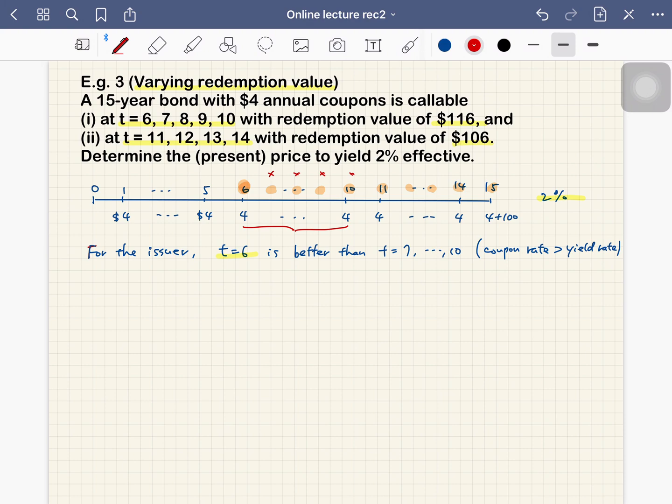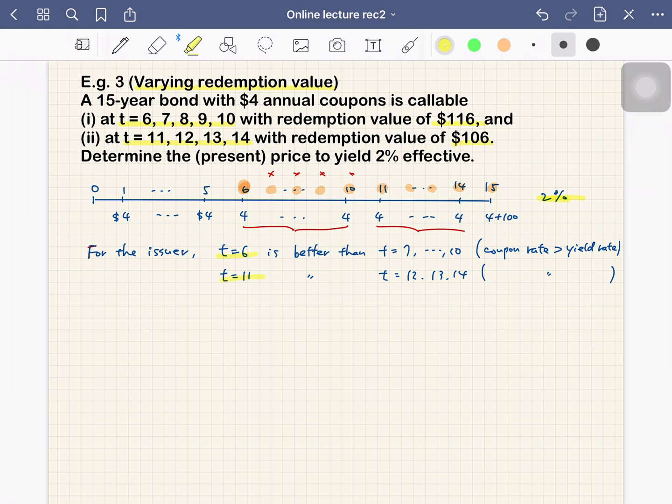And how about 11 to 14? It's the same thing. The coupon is still $4, so the coupon rate is higher than the yield rate of 2%. That means the issuer wants to stop paying the coupon as early as possible. So t = 11 is better than t = 12, 13, 14, for the same reason: the coupon rate is higher than the yield rate.